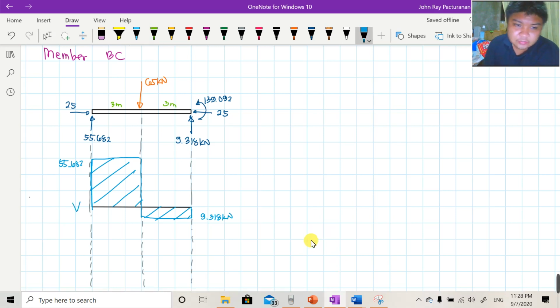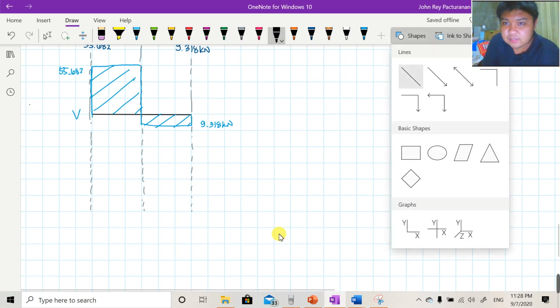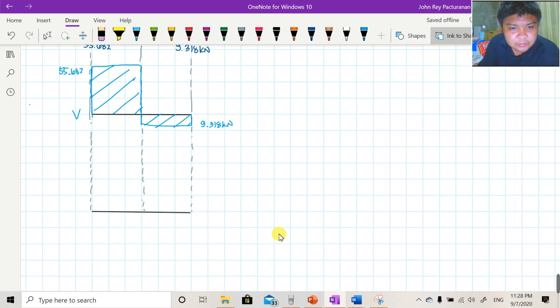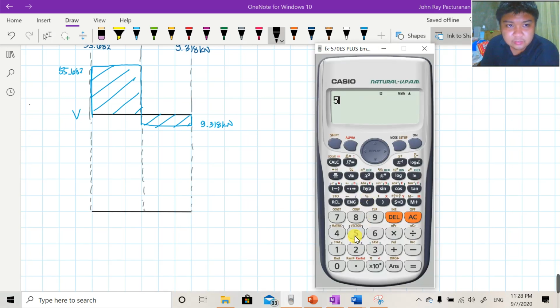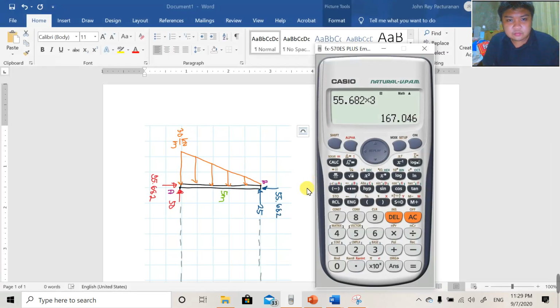And on the other hand, for the moment diagram as well, yun lang. Ano bang mahirap dito? Sabi mo, basic, di ba? For the moment diagram, hanapin nyo muna yung area doon. So, magiging 55.682 times 3 meters. So, that is equal to 167.046, di ba?